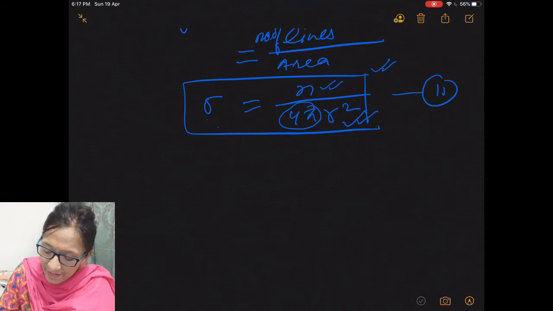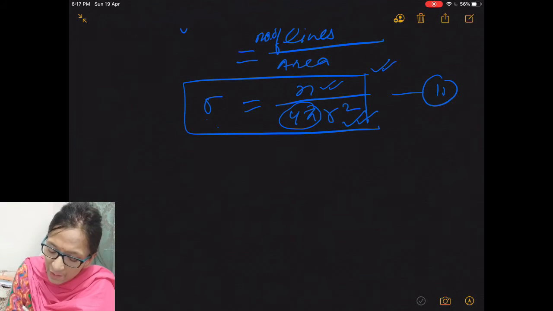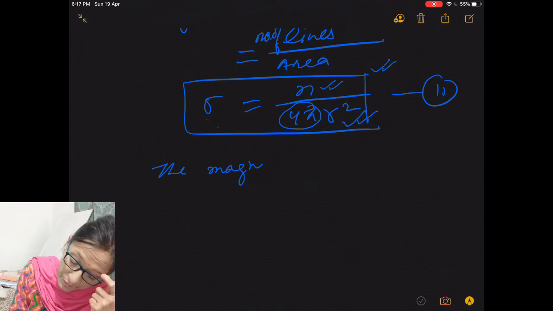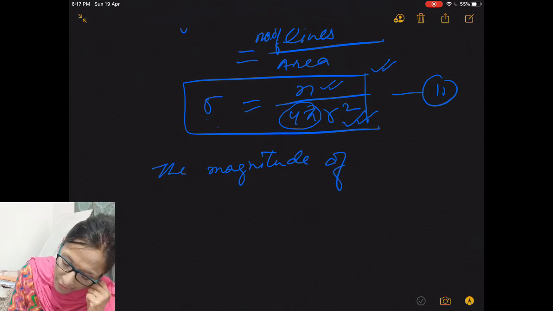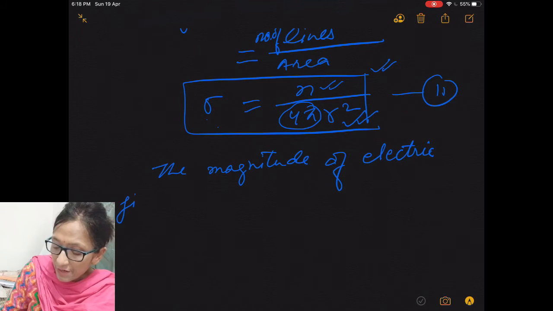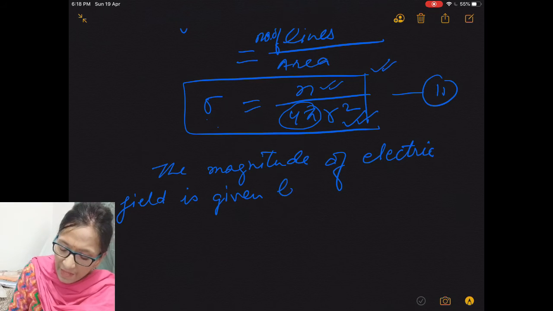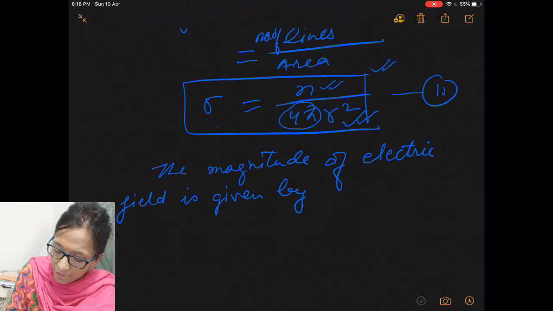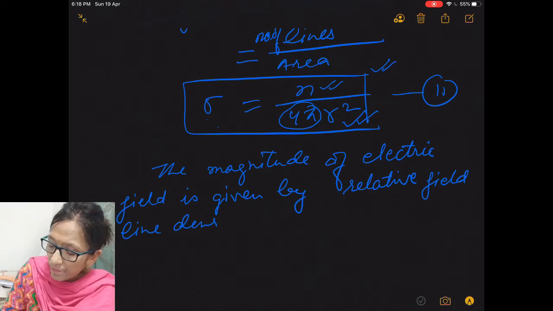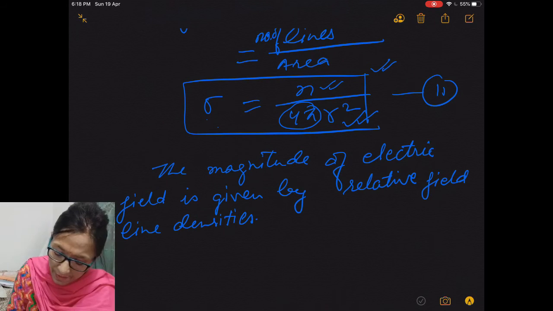So let me write another thing. Next point, and you will sum up all these points at one place: the magnitude of electric field is given by relative field line densities.